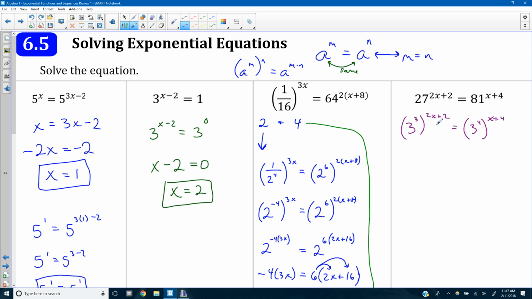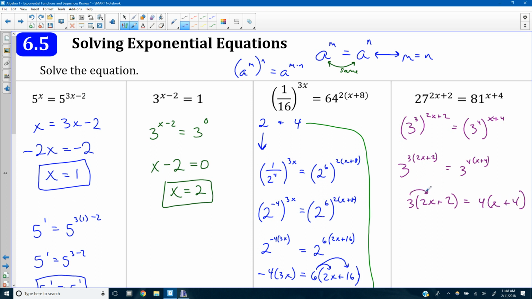Okay. All right, so now just straight up do that multiplication. Power to power. It's not literally the power to a power, but 3 times 2x plus 2 equals 4 times x plus 4. So, therefore, same base now, 3 times 2x plus 2 equals 4 times x plus 4.